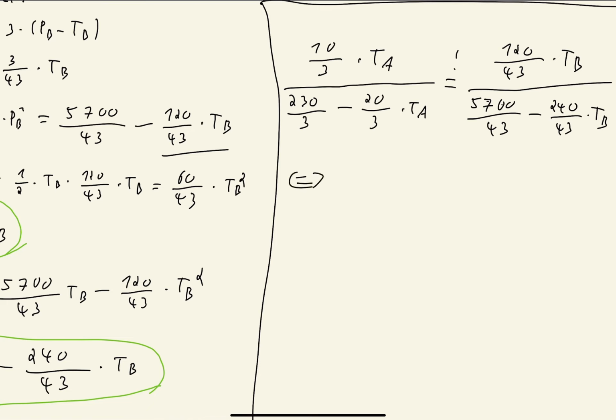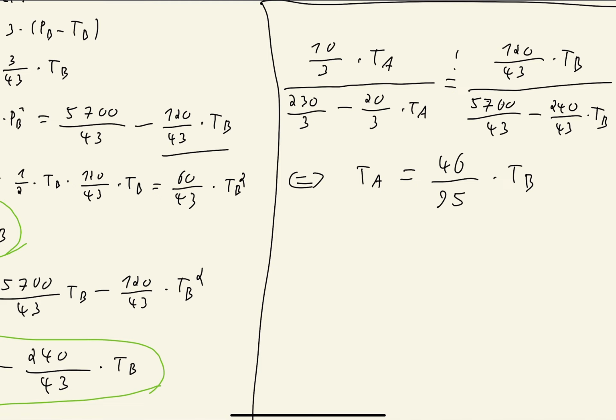And if you solve this, you get the optimal ratio of the taxes on apples and the taxes on bananas, which is then 46 divided by 95 times TB.